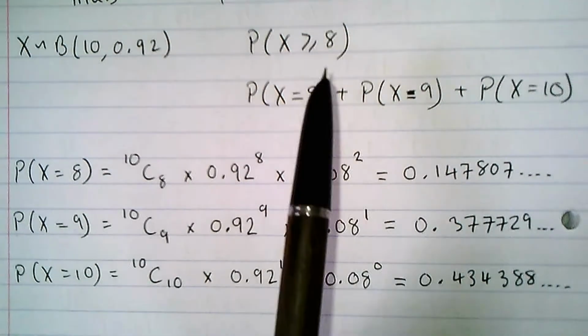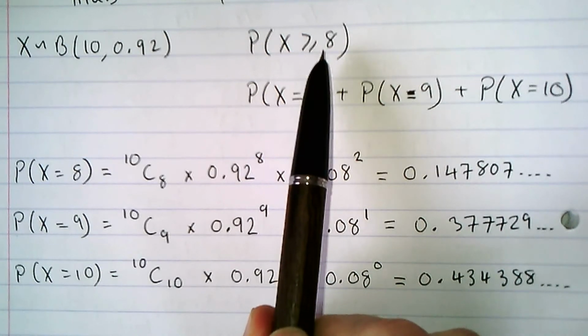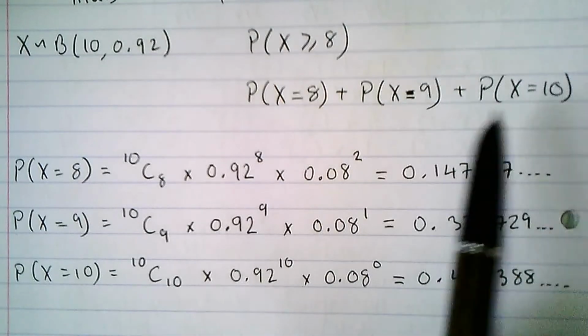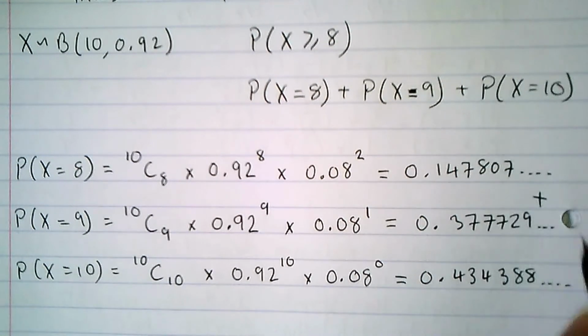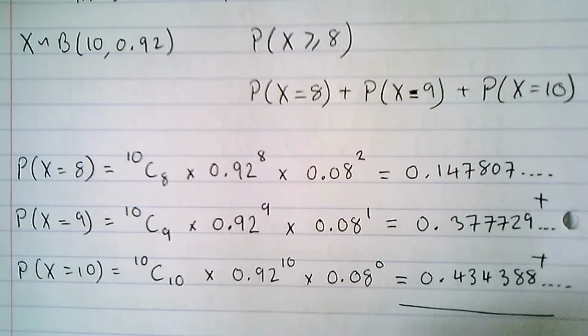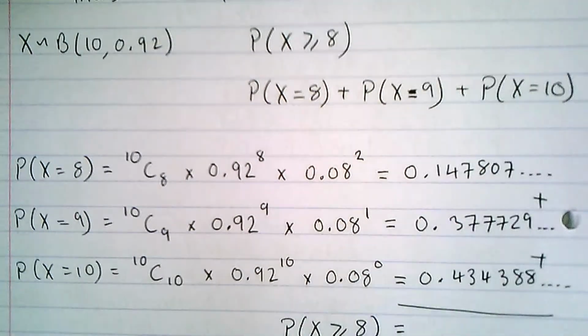Now, as we said before, if I want to find the probability that this cures at least 8 of them, so that's greater than or equal to 8, so 8 is included because it said at least 8, then I need to add together these three things. So we're going to add these three together to get our probability that x is greater than or equal to 8. So 0.377729, 0.147847.